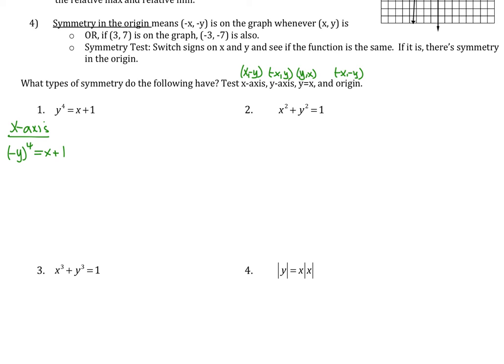Negative y to the fourth would simplify to be positive y to the fourth. So I plugged in negative y, I simplified, it gave me back my original. So that means, yes, I have symmetry in the x-axis. I'll simplify, and then I'll circle the types of symmetry that end up working.